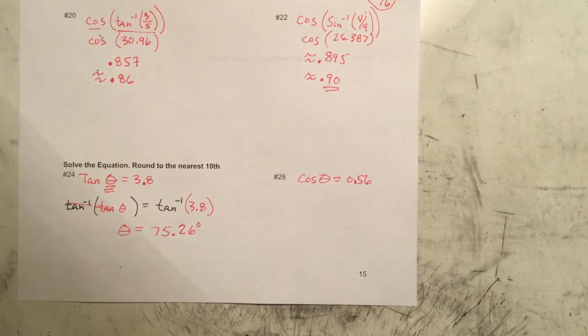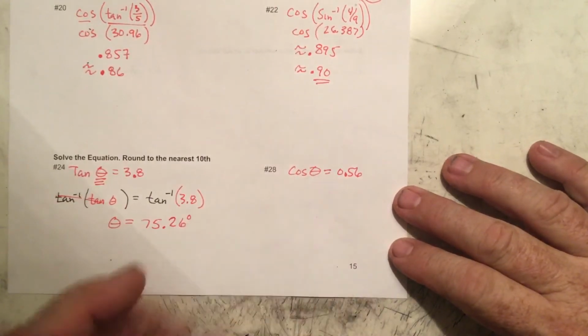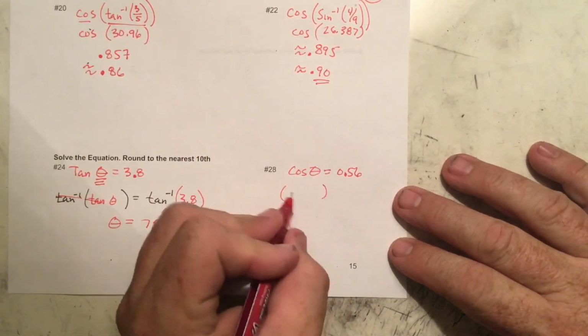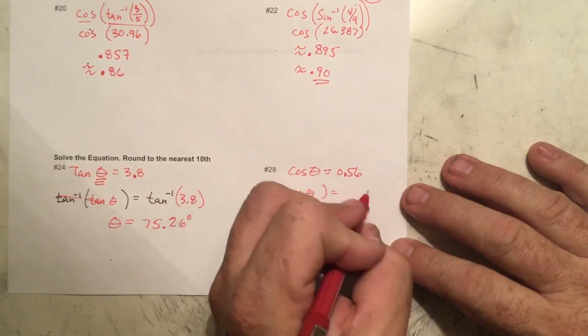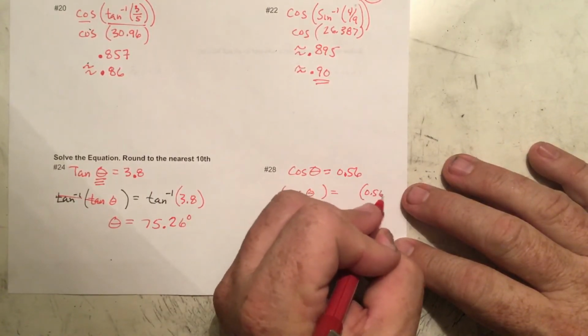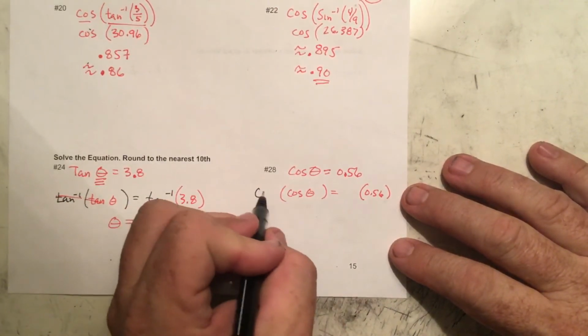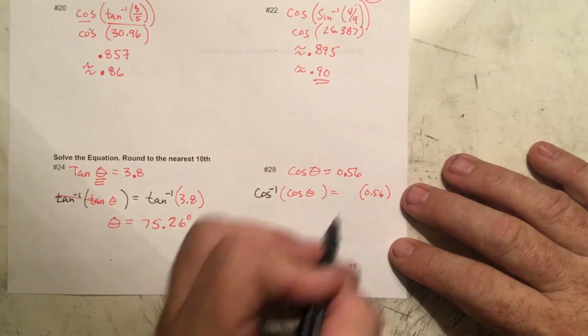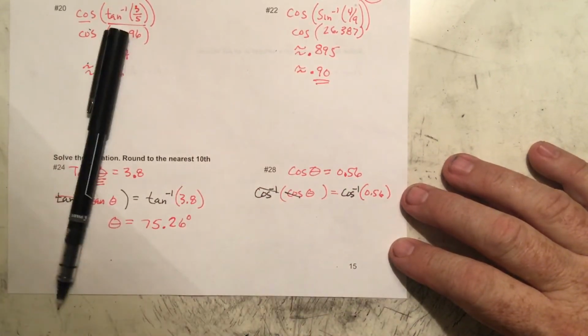So let's just tackle this one. So we've got the cosine of theta equals 0.56. And how do I get rid of the cosine? I use its inverse operation. Those are going to cancel.